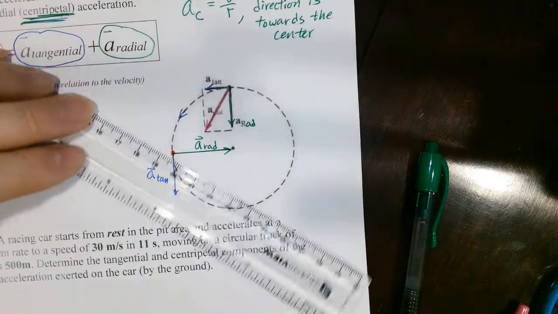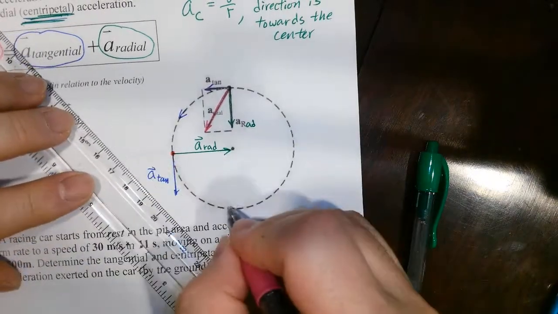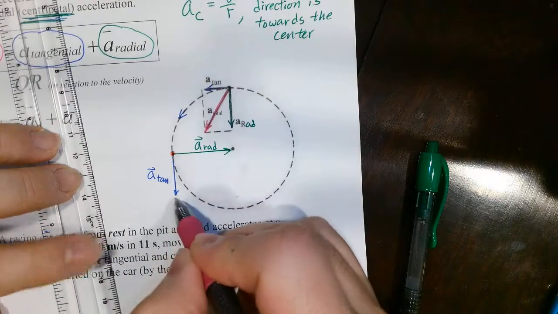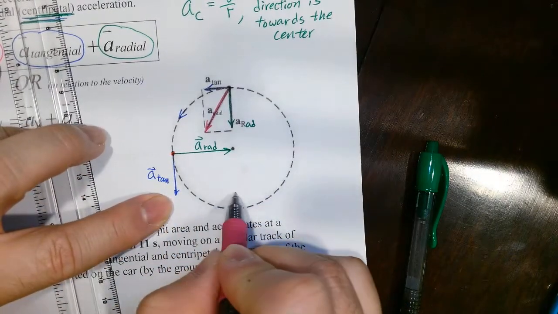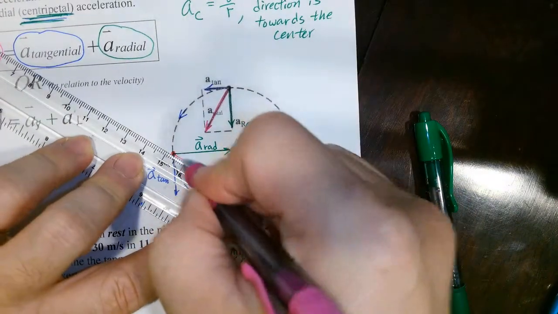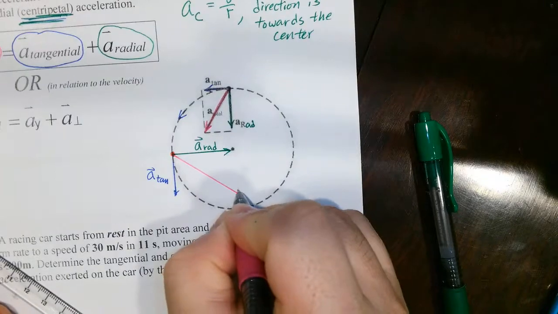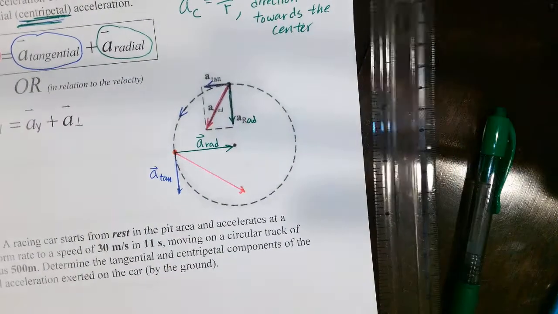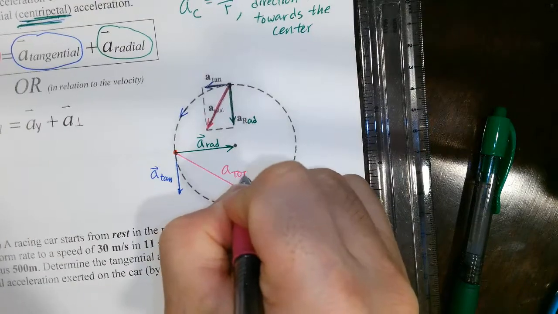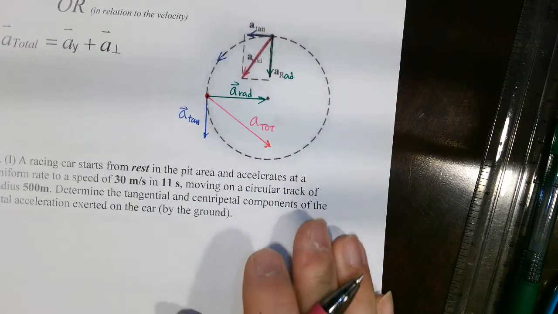This time, my total acceleration will be A tangential plus A radial, and it will be that as my A total.